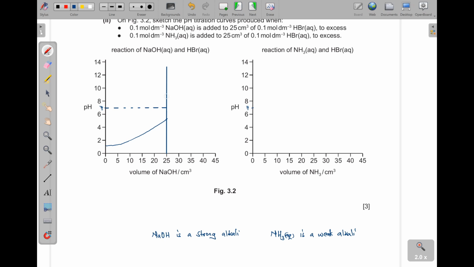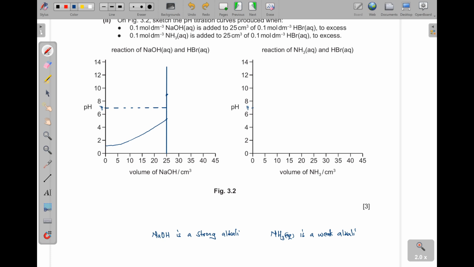The equivalence point has to be in the middle of this one here. So when the volume is now 25, that means the reaction is complete. When the reaction is complete and you add more, there is going to be a sharp increase in the pH, so that's why we are having this line here, the sharp rise in the pH.